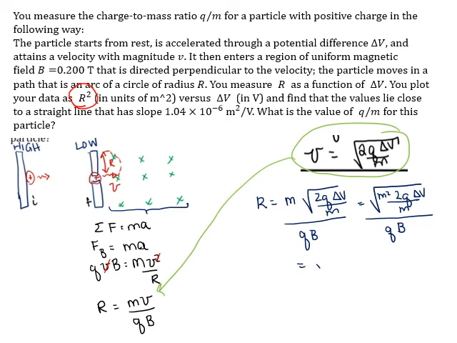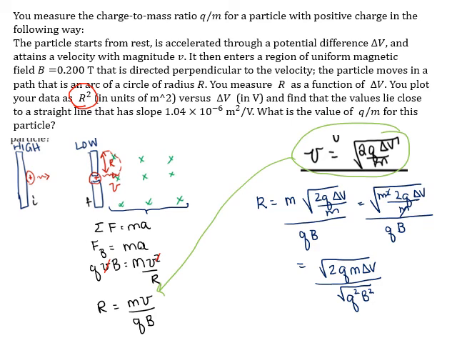So that's equal to the square root of, oops, sorry, that shouldn't have been a fraction. It's the square root of, so I've got an m squared on top, m on bottom, so one of those cancels. 2 q m delta V divided by, in my denominator here, I've got q times B. I'm going to say that's the square root of q squared times B squared.